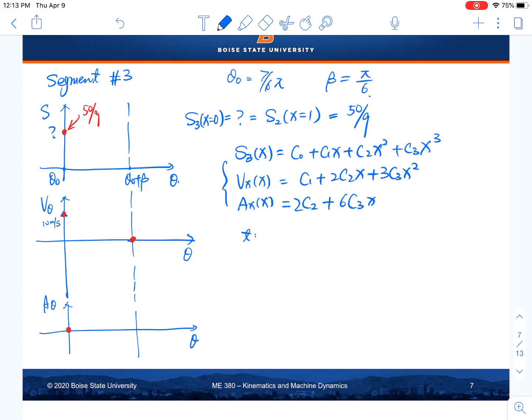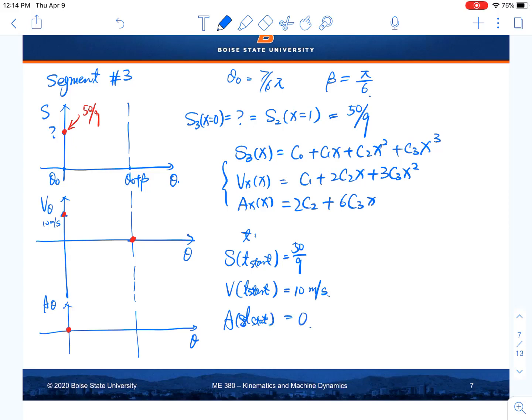Your time domain boundary conditions are: the S time starting point equals 50/9, your V T starting point is 10 meters per second, and your A time starting point is 0.